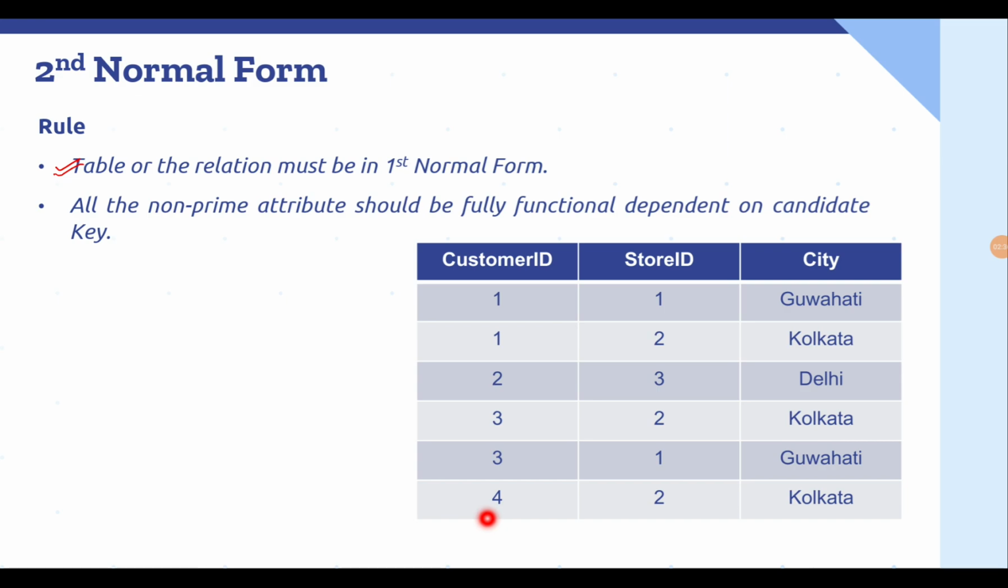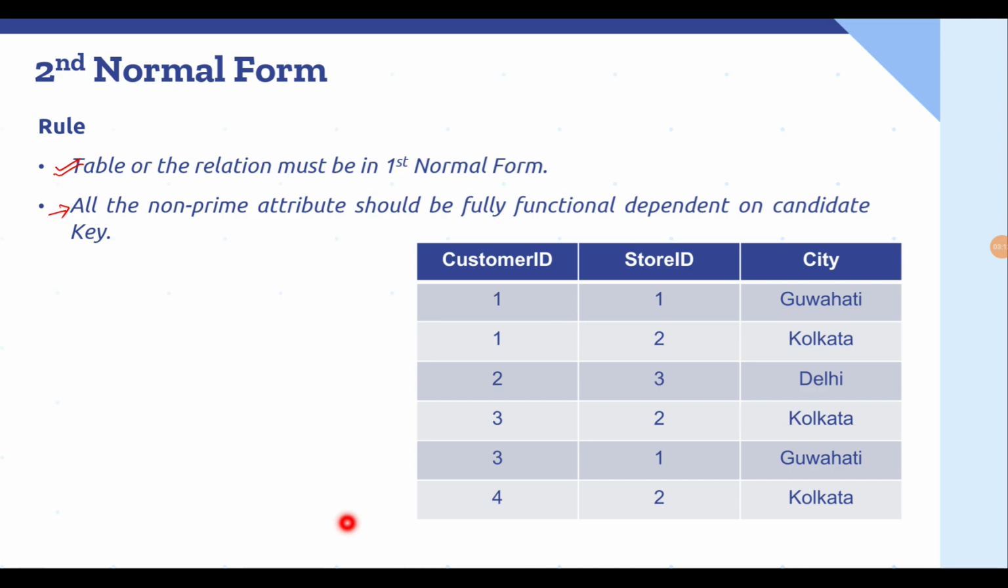When we discuss the second normal form, the first rule is that the table or relation must be in the first normal form. The important part is the second rule, which we need to understand carefully and logically so that we can implement it. The second rule says that all the non-prime attributes should be fully functionally dependent on the candidate key.